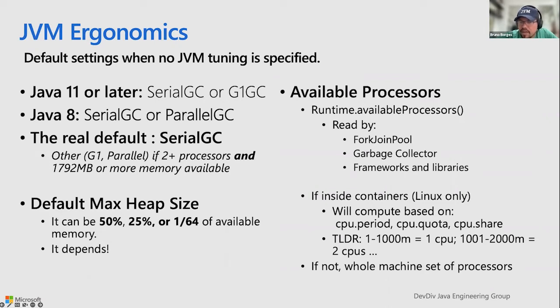So if the application has, let's say, 500 millicore, and in that particular container environment, 1,000 millicore is a full CPU cycle, then 500 millicore is half a CPU cycle. But for the JVM, that still counts as one processor, either 500, 700, up to 1,000 millicore. Anything between 1,001 to 2,000 millicores of CPU time for that container, the JVM will understand it has two available processors.